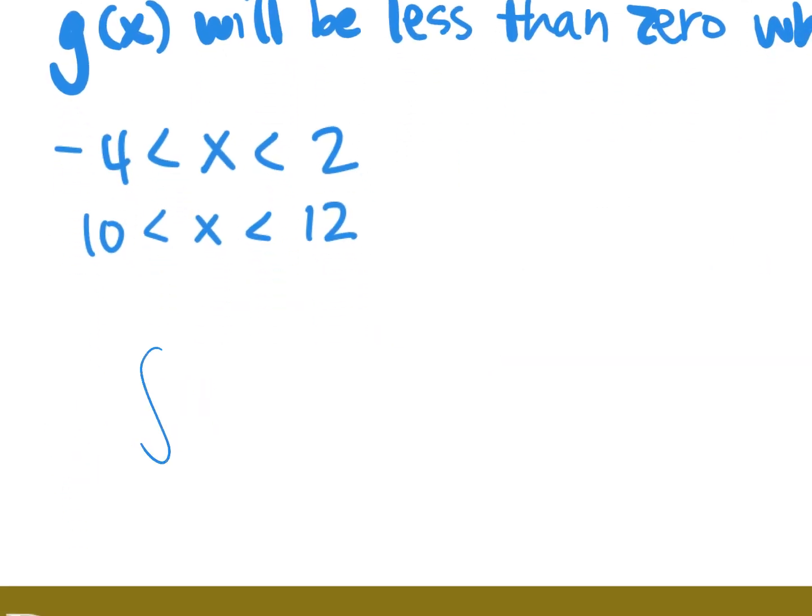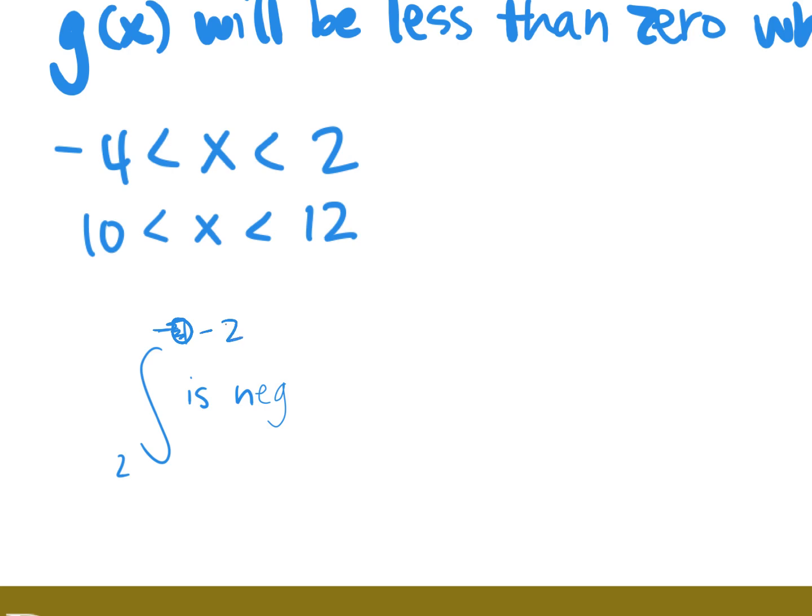Remember, everything starts at 2. If I say go 2 backwards to 1, is that going to be positive or negative? Negative. If I ask you to go backwards to 0, still negative. To negative 1, still negative. To negative 2, negative.